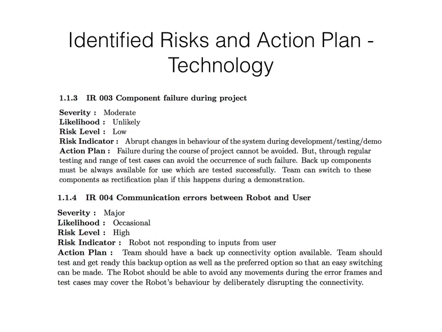How to avoid or minimize this risk is for the team to have a backup connectivity option available. The team should test and get ready the backup option as well as the option they prioritized, and the team should be ready to switch connectivity if the risk happens.